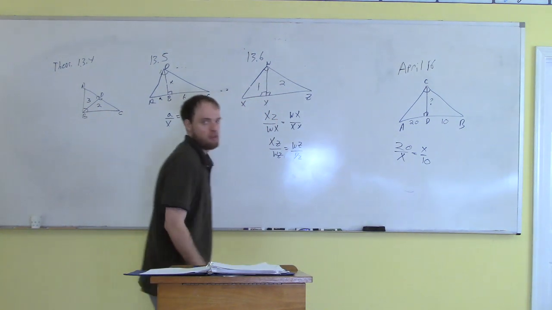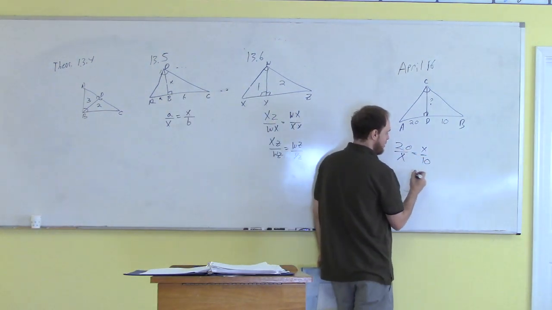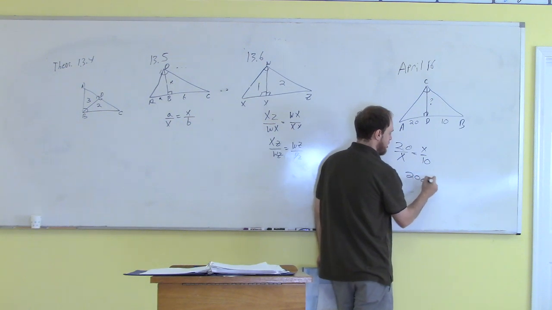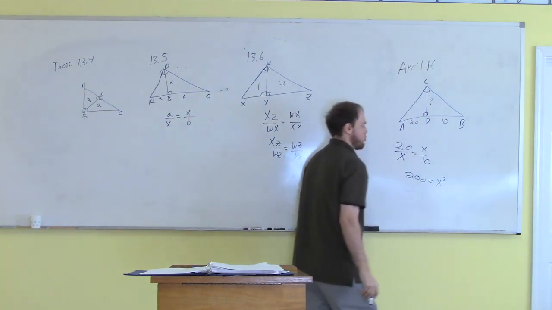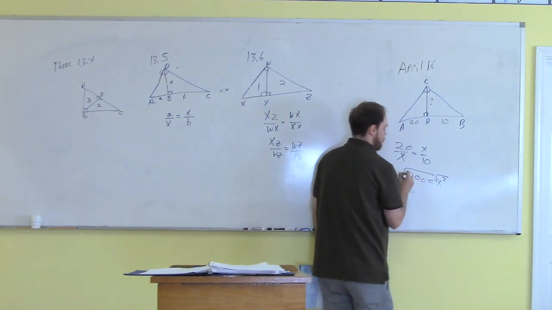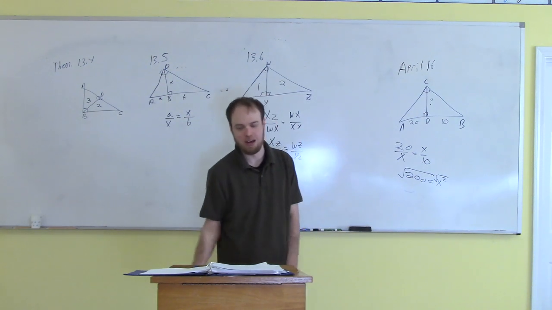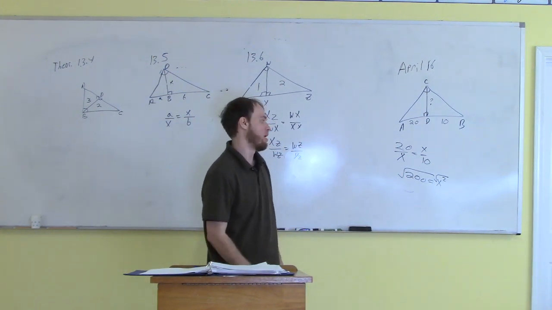And then we're just going to cross multiply to figure that through. So 20 times 10 would be 200, and then X times X equals X squared. So I have the square root of 200 would be what I'm working through here. And then I could try to simplify the square root of 200 down, but I won't spend time on that.